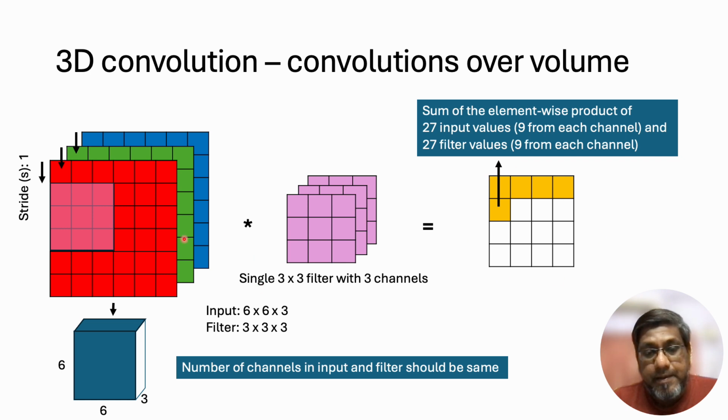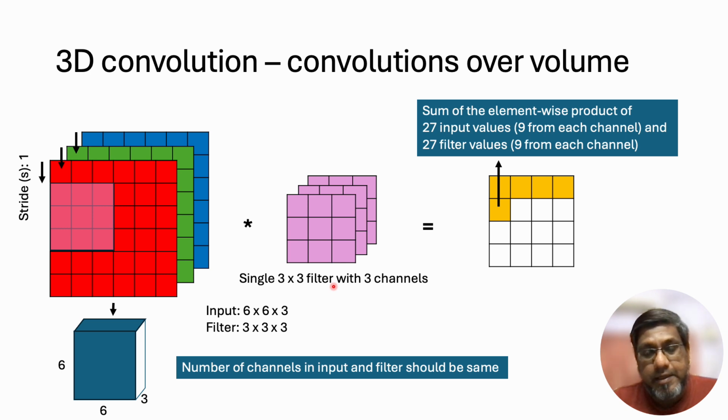Of course, the number of channels in the input is 3, but the number of channels in the output that we are getting in this particular illustration is only 1. The reason is that we have used only a single filter of size 3 by 3. So the number of channels in the output depends on the number of filters that we use in the convolution process.